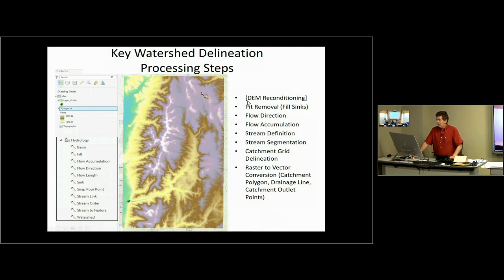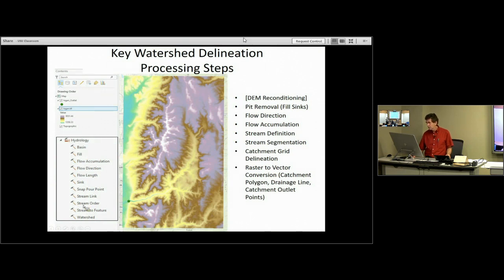So now I'm just going to summarize the key watershed delineation processing steps that we talked about last class and today, and as they relate to the hydrology toolbox in ArcGIS. So this shows all of the functions in the toolbox, and the steps involved in doing watershed delineation are first some sort of a DEM reconditioning, maybe a AGREE method or maybe burning in the existing vector streams.